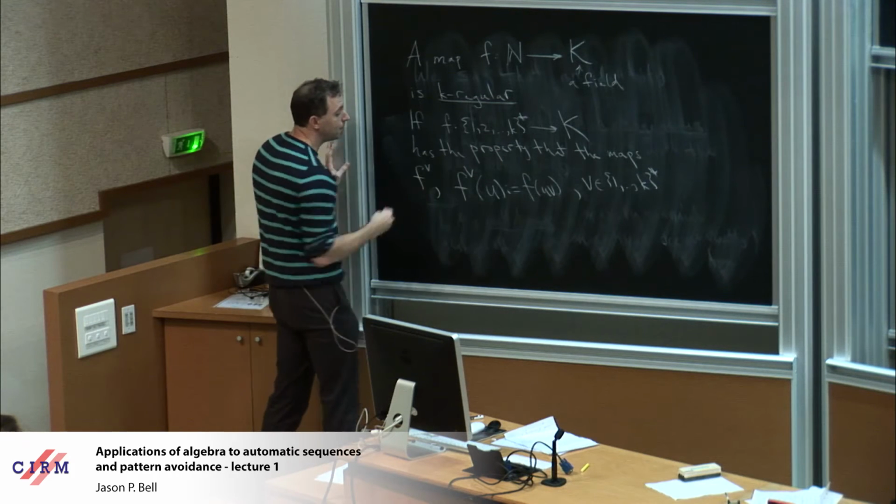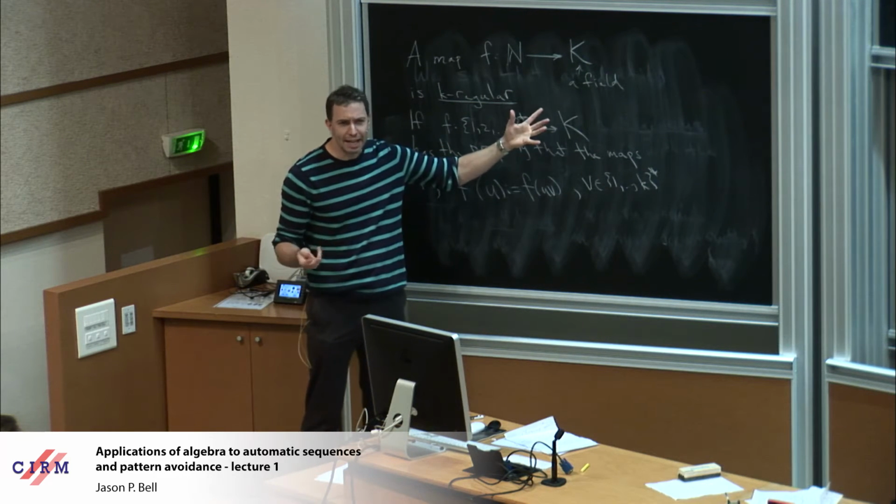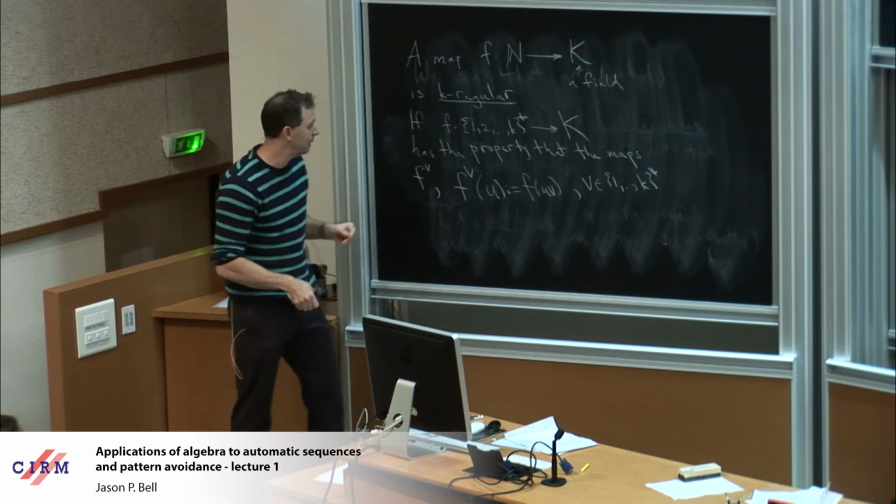Since they're images in k, I can add them, I can multiply them by k. It's a k vector space.